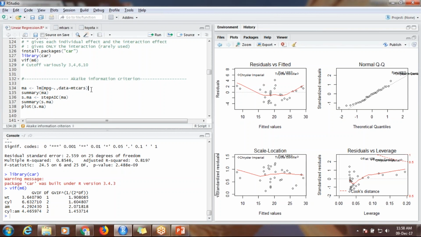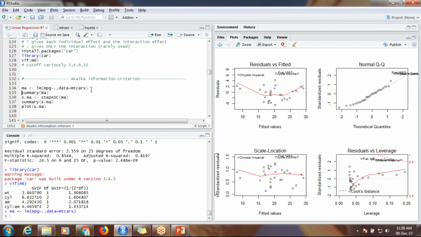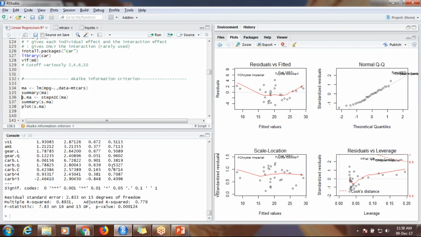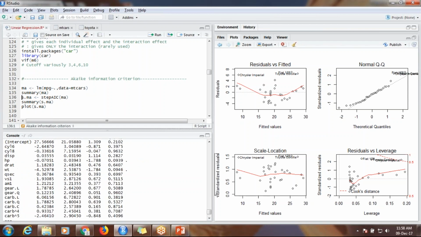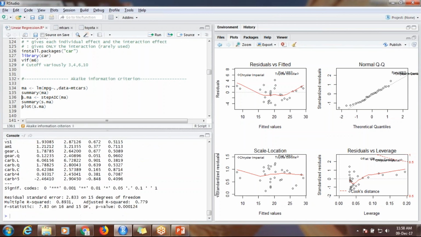Let me use all the variables and do an AIC on each of them and then understand how variables are removed. Here I've taken all the variables, and if you see, not all the variables are a good estimate of my model. When I've considered all the variables, my R square has gone up to around 90%, but my adjusted R square has fallen.